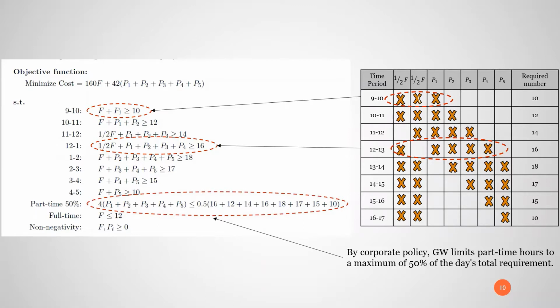It is shown on the left-hand side of this constraint. And what is the half of a daily total requirement? That is shown on the right-hand side of this constraint. And also, the number of full-timers should not exceed 12, and F and Pis, my decision variables, should be non-negative.